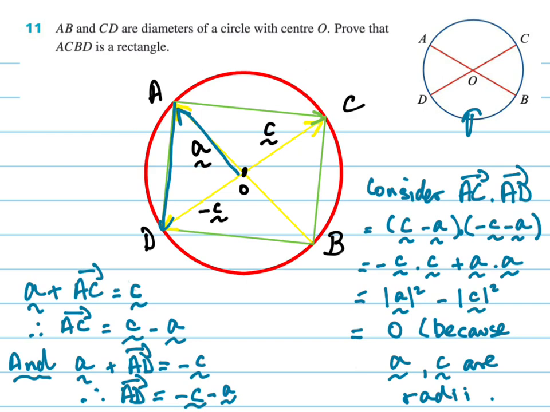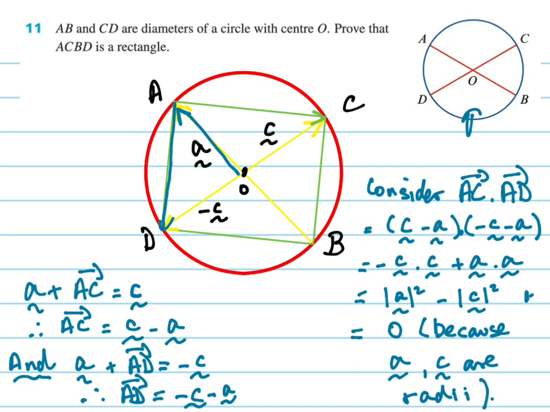Remember the important identity that the dot product of two vectors that are the same is equal to the magnitude of that vector squared. So that's how we get down to this line here. And it follows then, because A and C are both radii, that our dot product is going to equal 0.